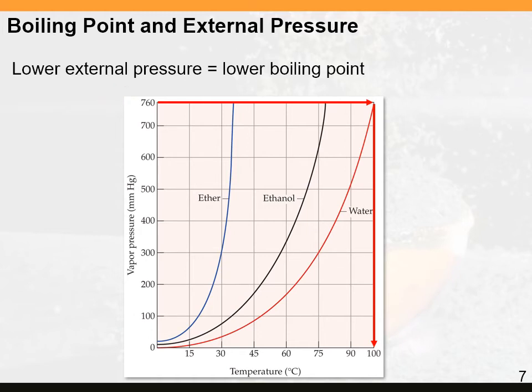If the external pressure is lowered, then boiling point will also be lowered. If the external pressure was 600 millimeters mercury, then the boiling point of water would be less than 100 degrees Celsius.